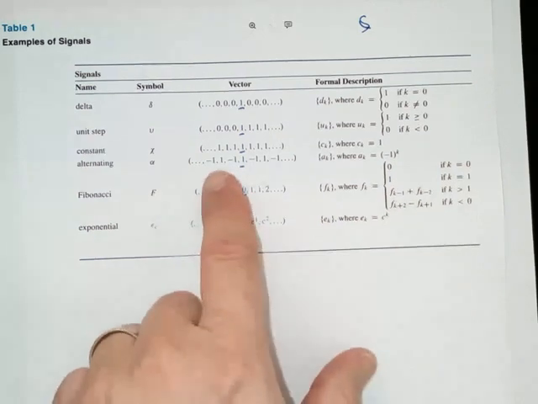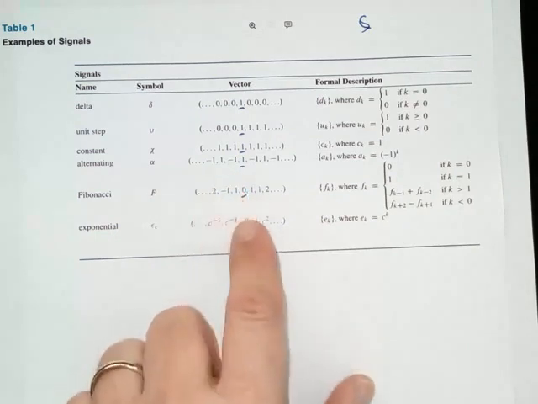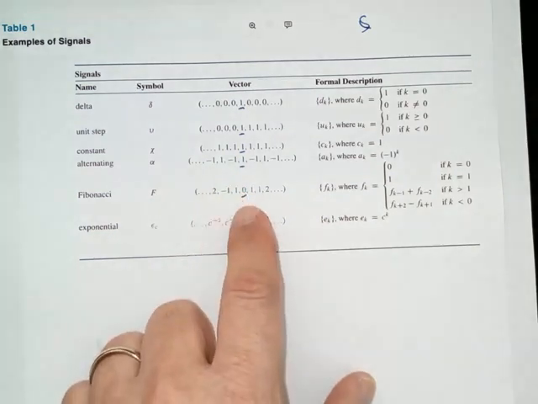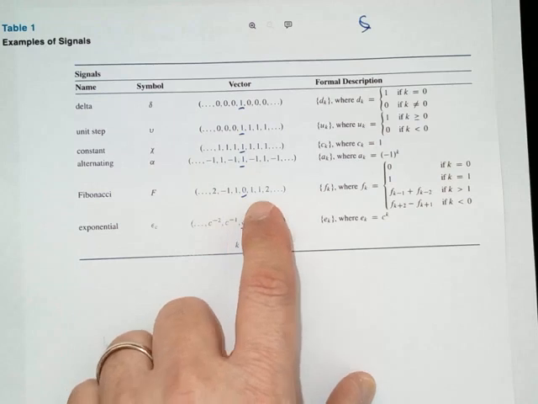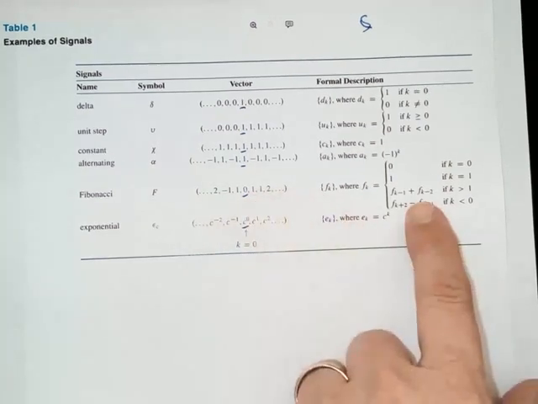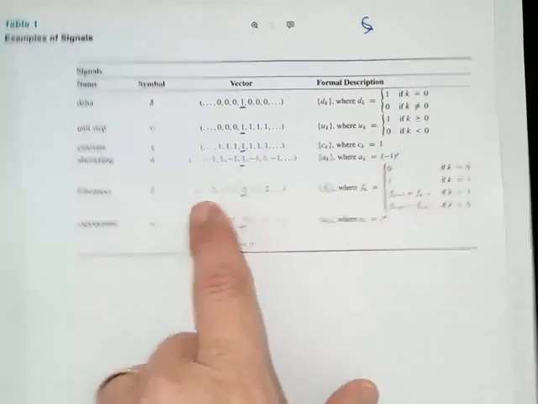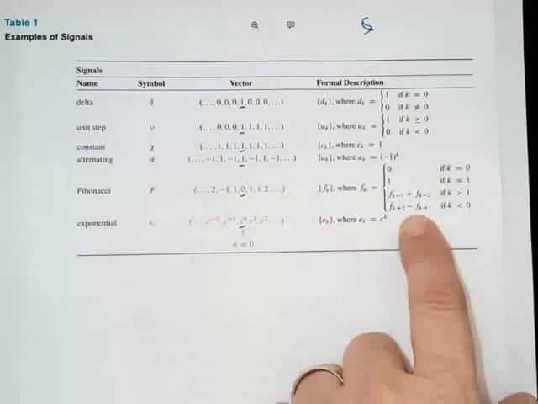An alternating signal, which flips between -1 and 1. This signal is based on the Fibonacci sequence. As we go to the right, we follow that same recurrence relation by adding the 2 previous ones that went before it. But as we go left, we subtract.